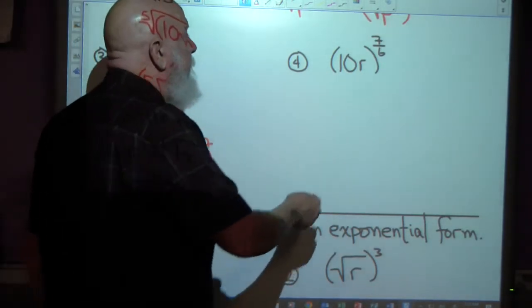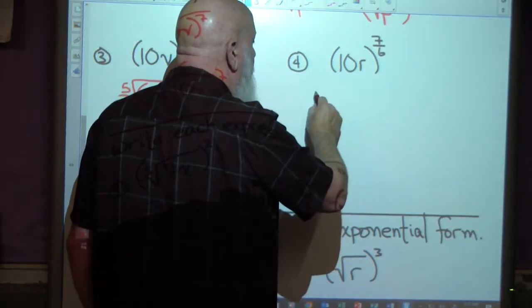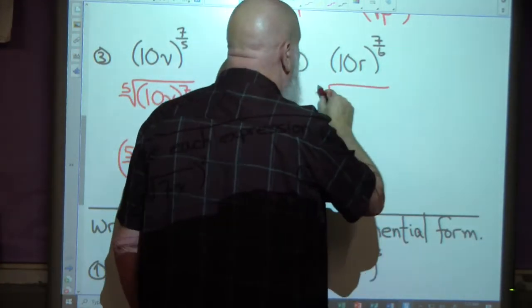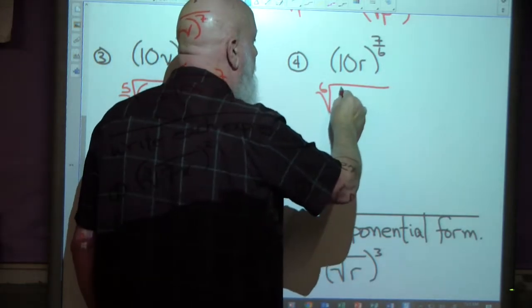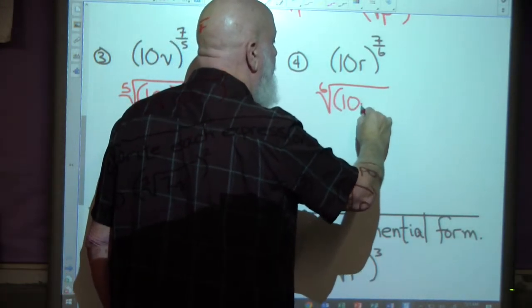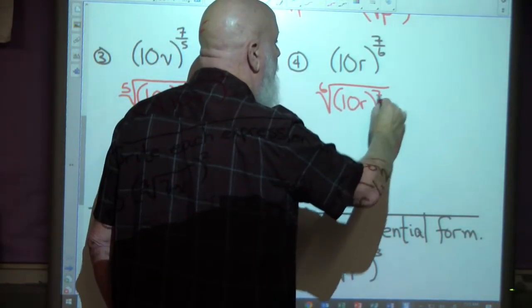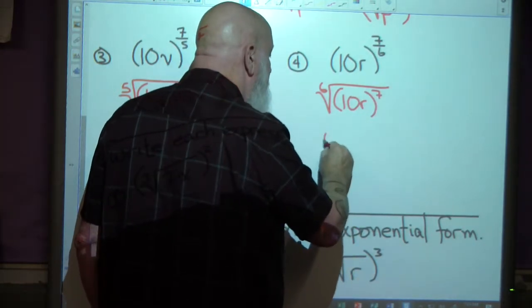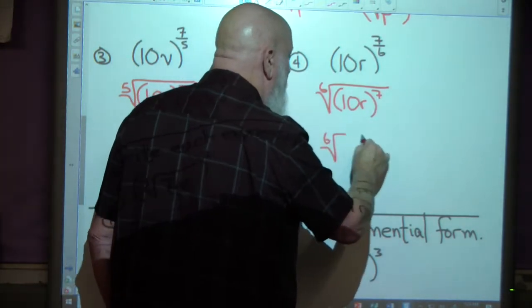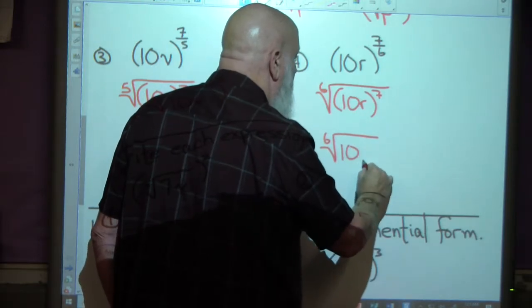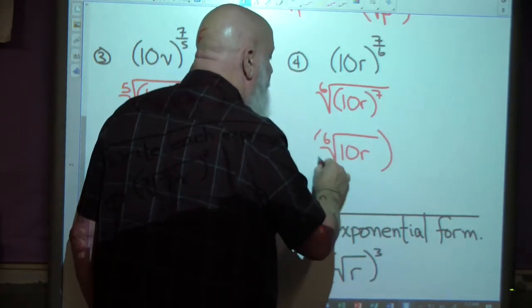Okay, let's do another. The 6 comes out as the index of the radical, the 6th root of 10r to the 7th. And then we can rewrite it like this also.